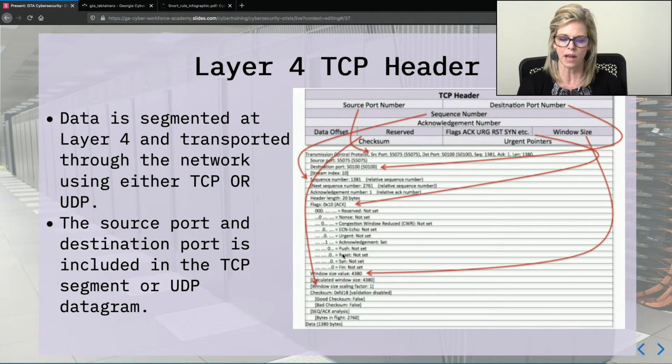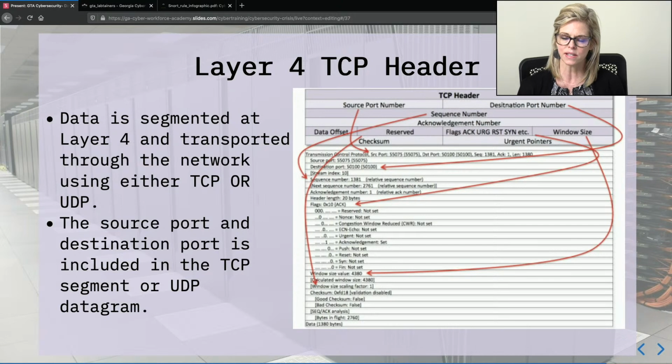But an attacker can actually send packets to a destination to tear down an established connection using this reset bit as well. So again, knowing all of these flags and what they do and their purpose, knowing all these fields and their responsibility as part of the connection-oriented purpose in TCP becomes very important.